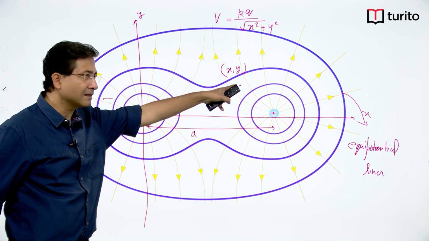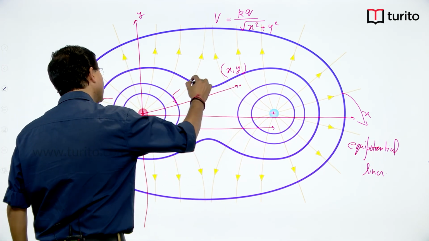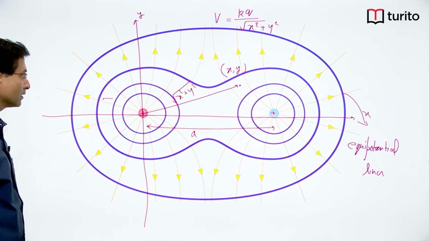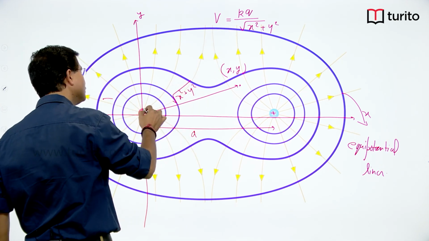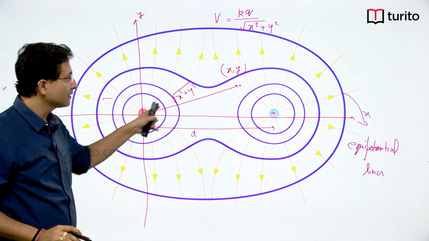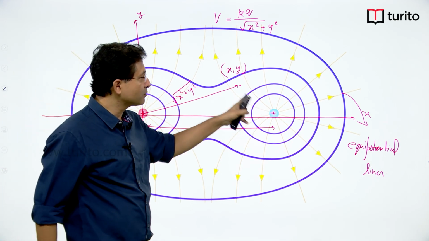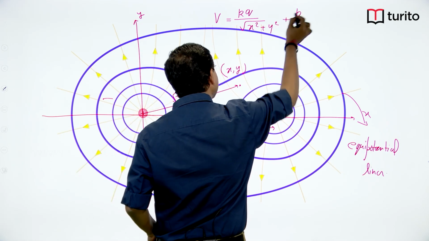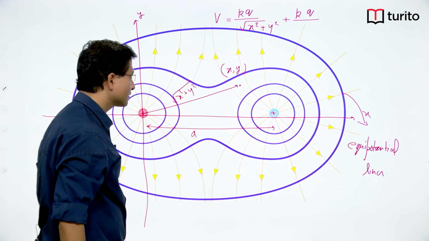Because of this positive charge at this particular point, you can see this separation is under root x square plus y square, right. So, k q divided by under root x square plus y square. This is the potential created by this charge at this point. Now because of the other charge at this point, potential is k q divided by the separation.